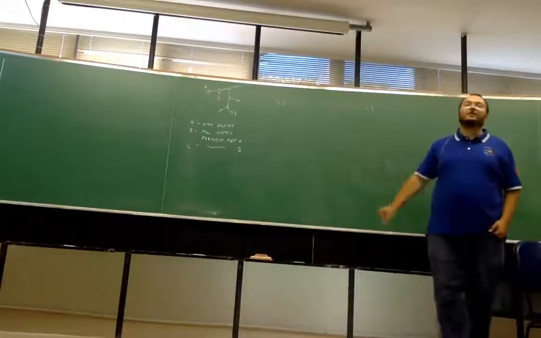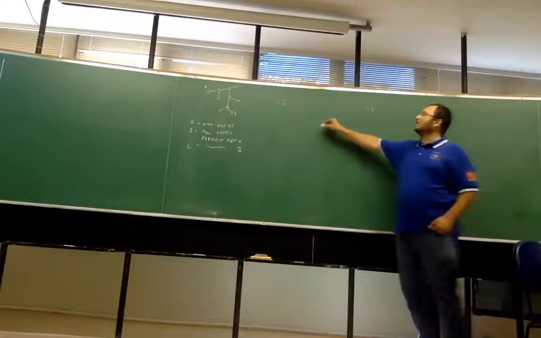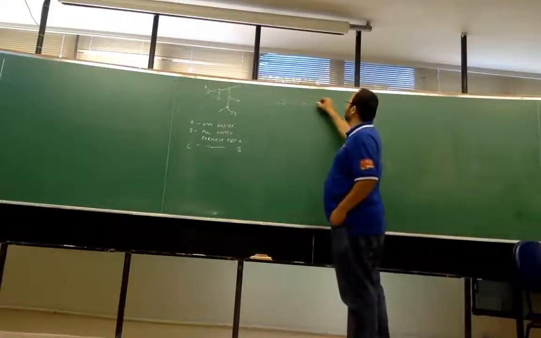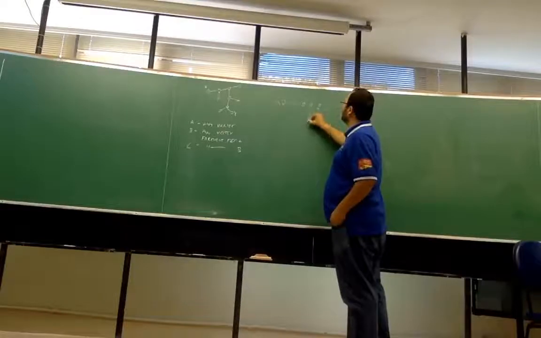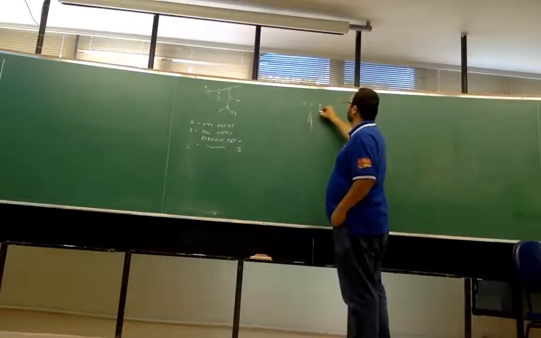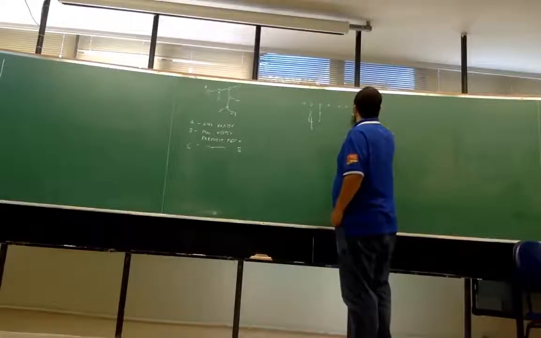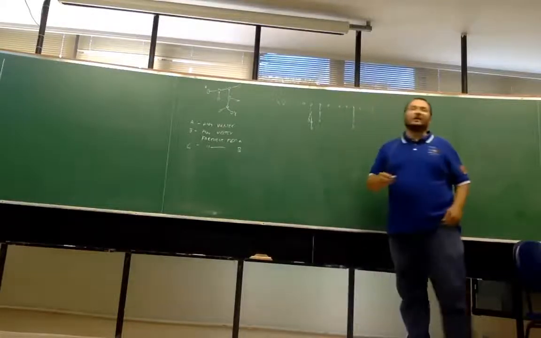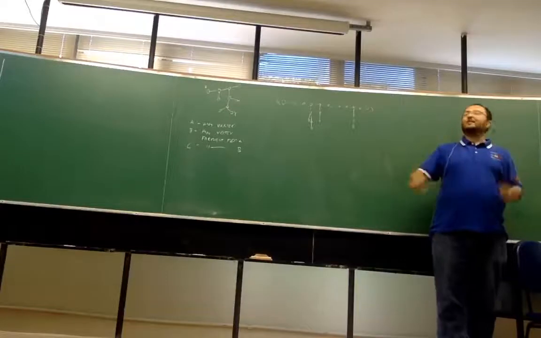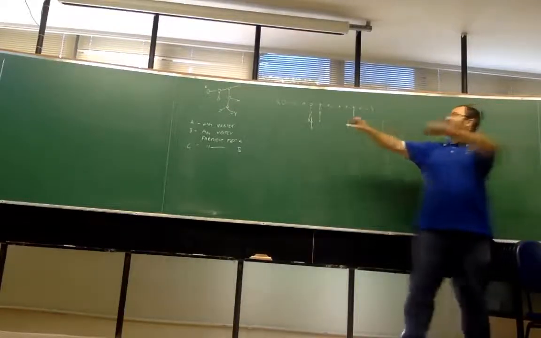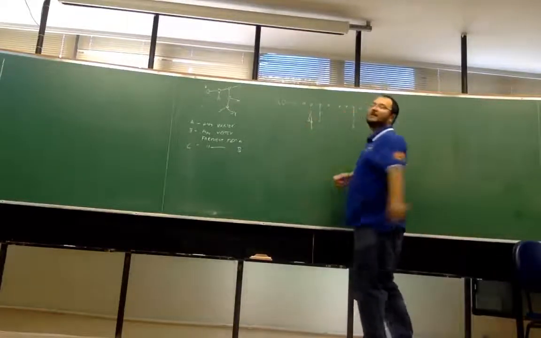And what does it mean that this was the longest path? It means that the rest of the vertices are hanging like this from the path, so it looks like the strings Incas used for writing. There is one string like this, and then all of the others are hanging downwards.